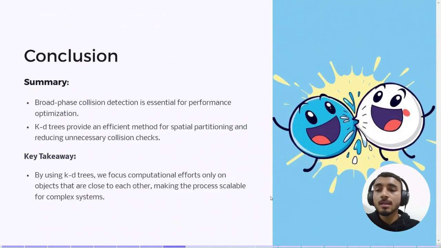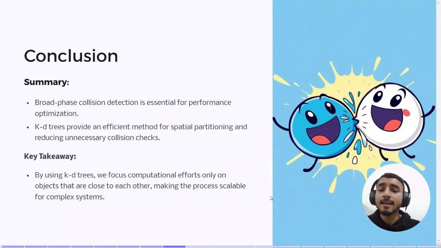In conclusion, the summary is that broad phase collision detection is essential for performance optimization. As I told you, it is very computationally expensive to check every possible pair.